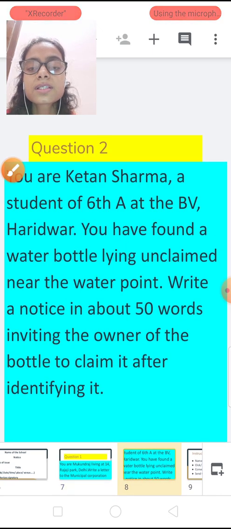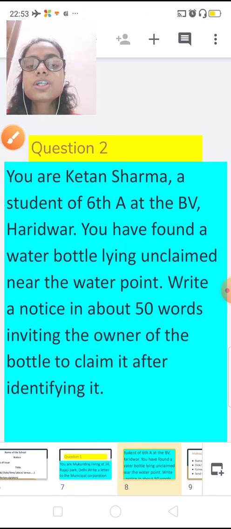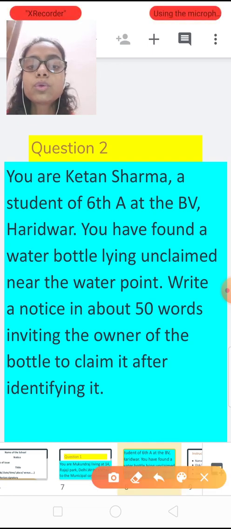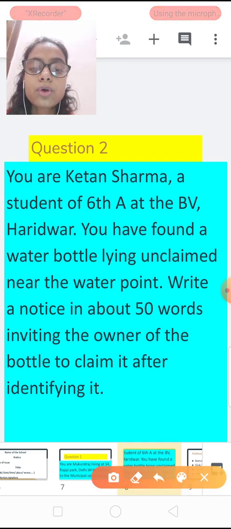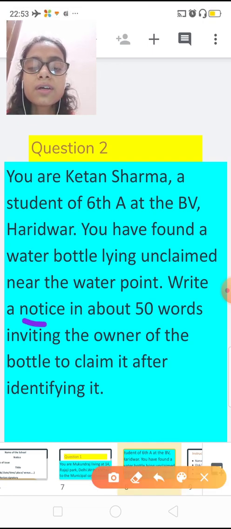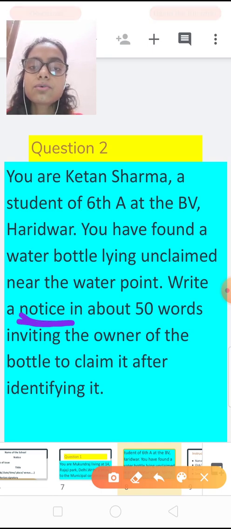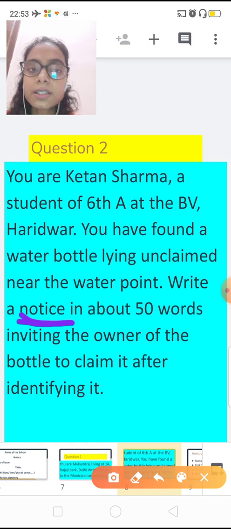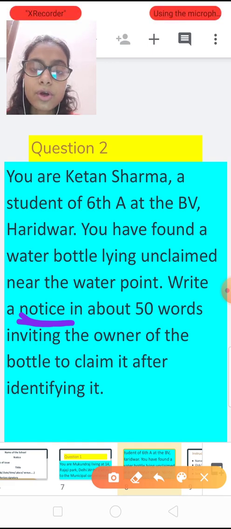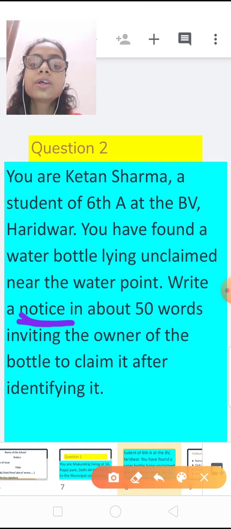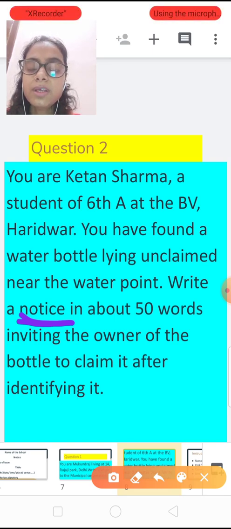Now, this is question number 2. Question number 2 is from notice writing. As I told you, I am going to give you 2 questions, one from formal letter and another from notice writing. You are Ketan Sharma. Whether you are a girl or boy, you should write this name only. You are Ketan Sharma, a student of 6th A at the BV Haridwar.